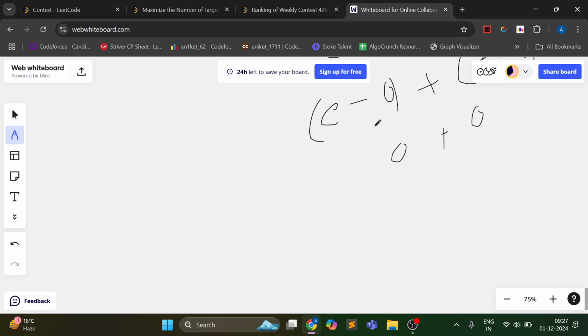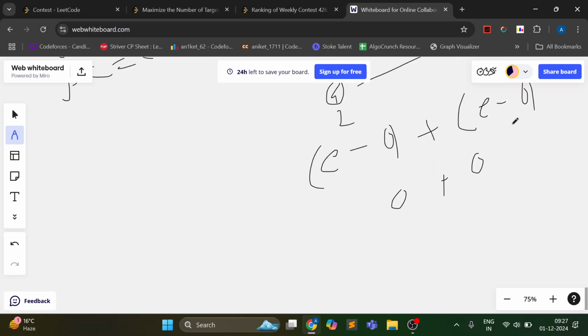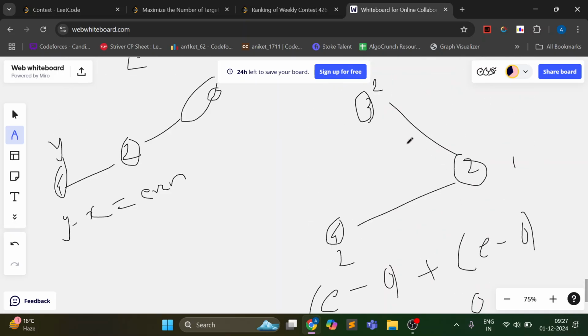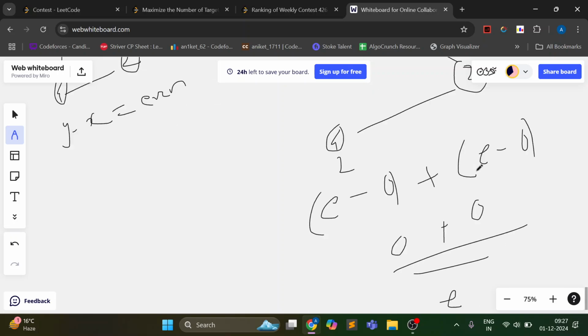Even minus odd is odd, and again even minus odd is odd, and the sum of two odds will always be even. This is the case where the connection point is at an odd level.